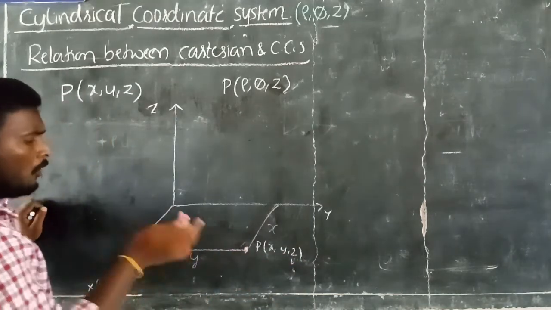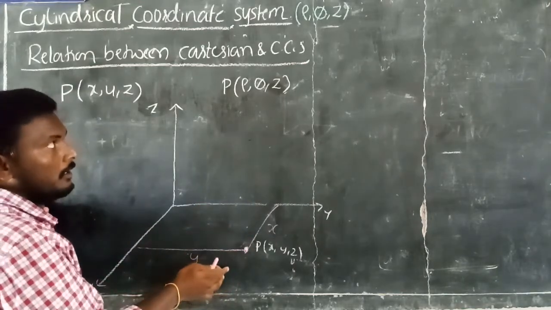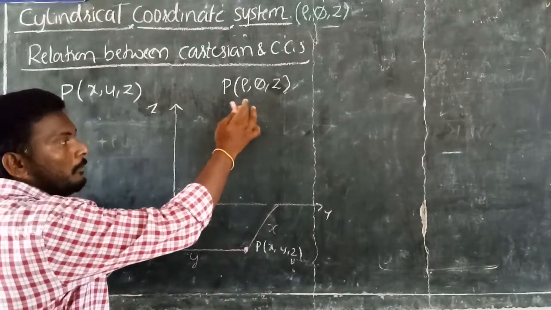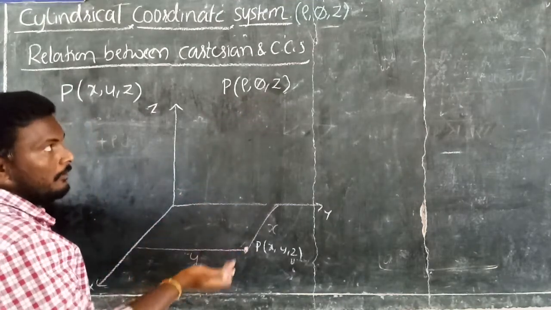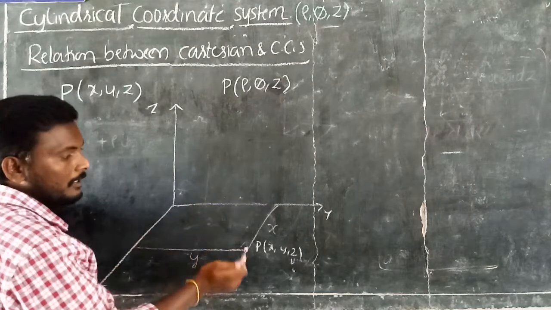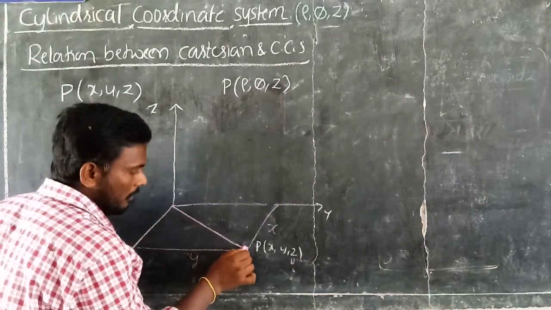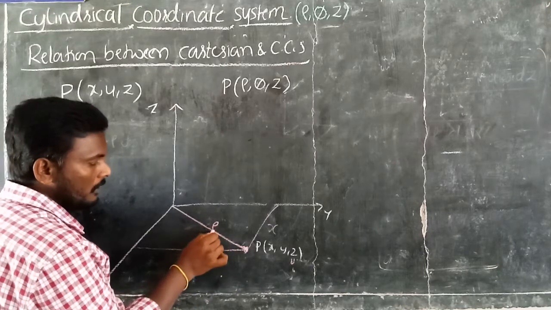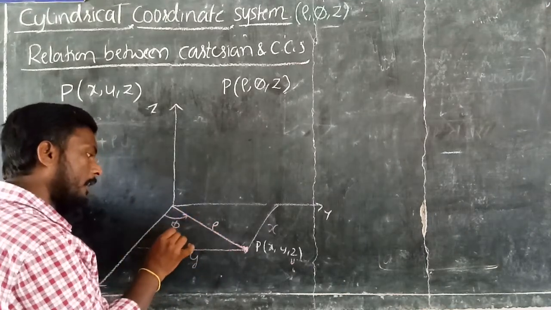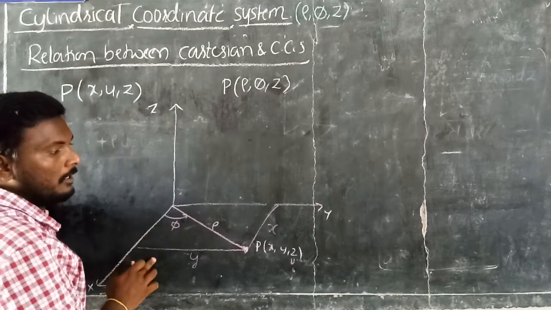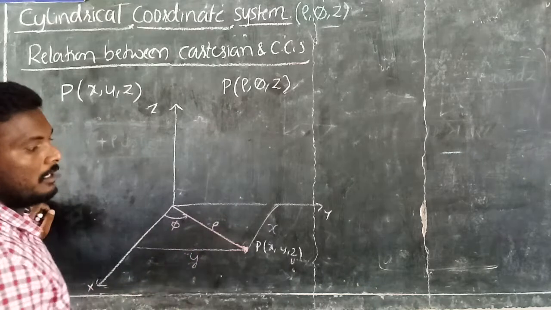Now consider the same point P of rho comma phi comma z at the same location. How can you identify the rho, phi, z point at the same location? It is having rho distance from the origin, and it is making an angle phi with respect to the x axis, and z units are anyway 0 for the Cartesian and cylindrical coordinate systems.